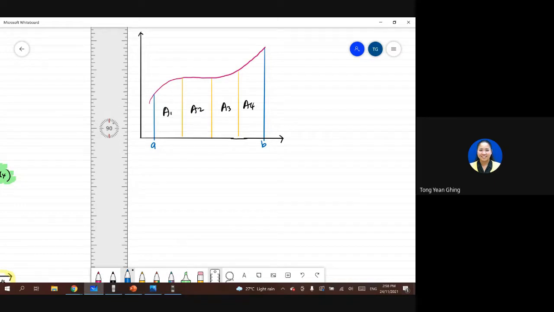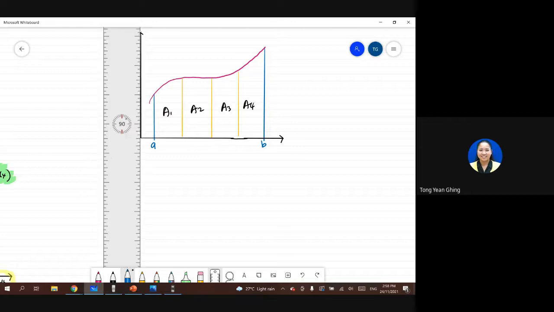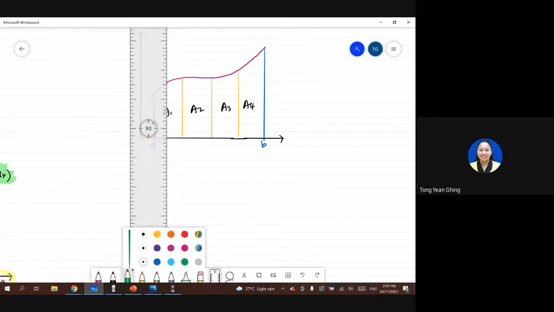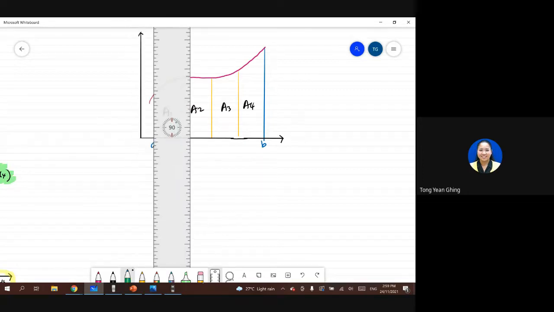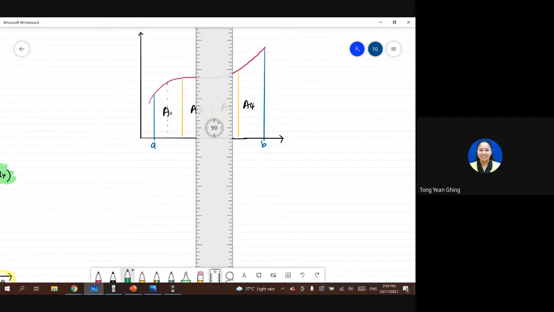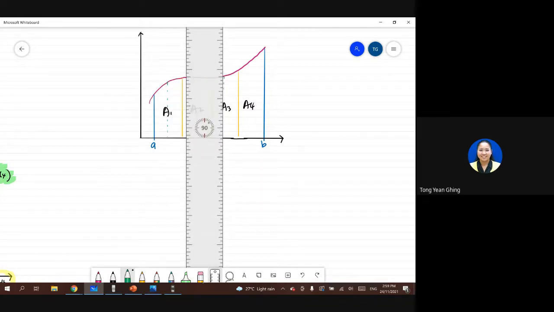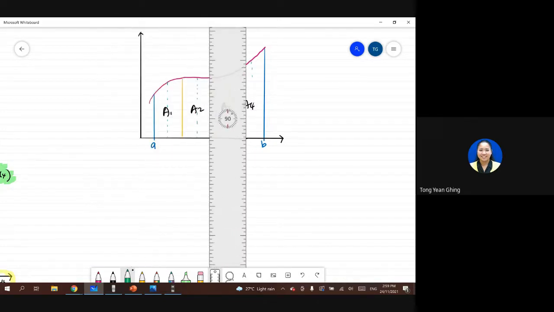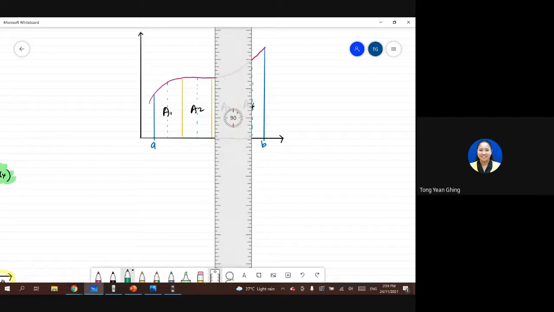For Simpson's 1/3 rule, yang dia kata sekarang ni, we want to divide this into n equal to even. Maksudnya kita jadikan dia an even. Contoh dalam ni saya pecah lagi kepada 2, 2, 2, 2.